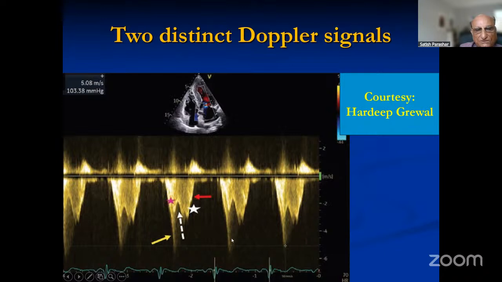So this is also like a claw deformity, but showing multiple peaks. So never ignore these multiple peaks and analyze them very carefully.